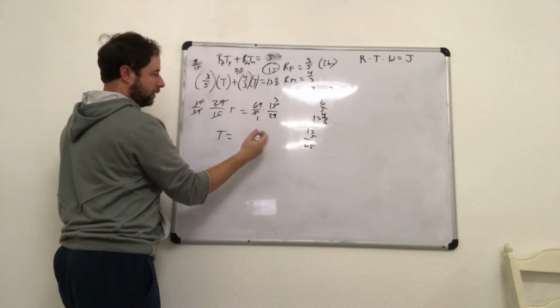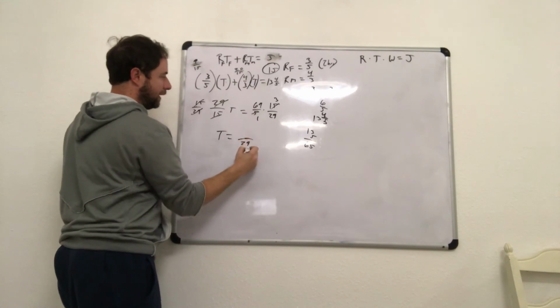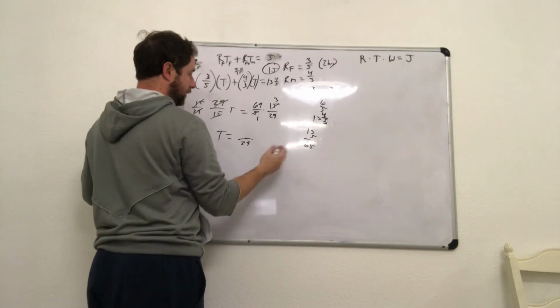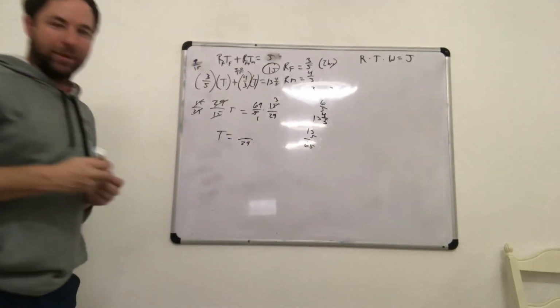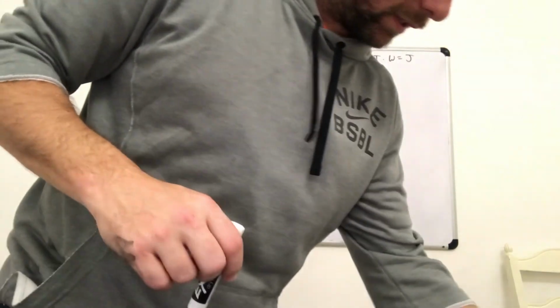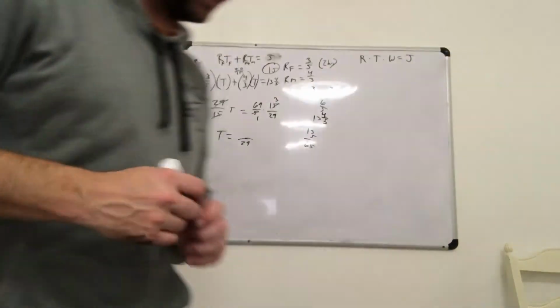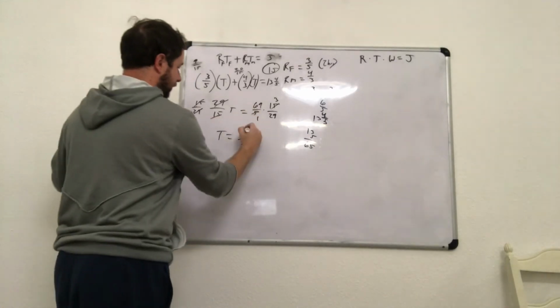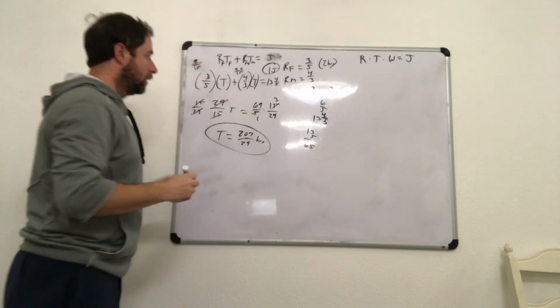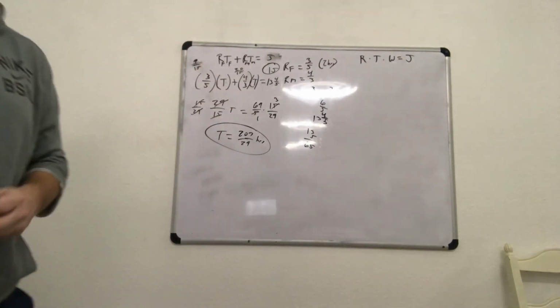T equals whatever over 29. It would be 69 times 3 over 29. This will be the time, how many hours it takes. And it ends up being 207 is what that multiplies out to be. 207 over 29 hours. That's how you solve for those.